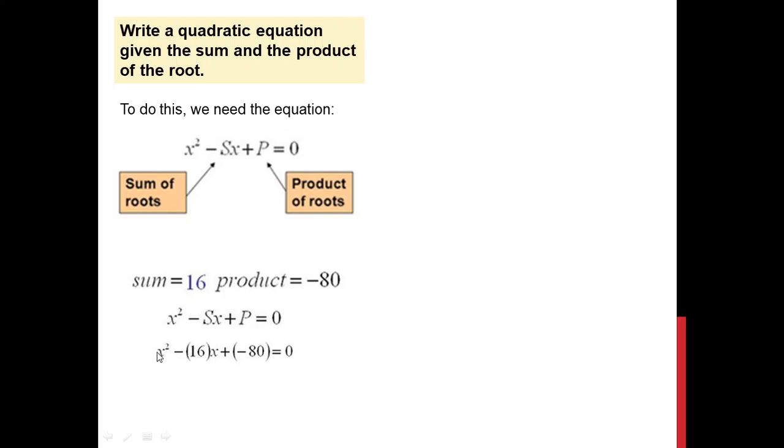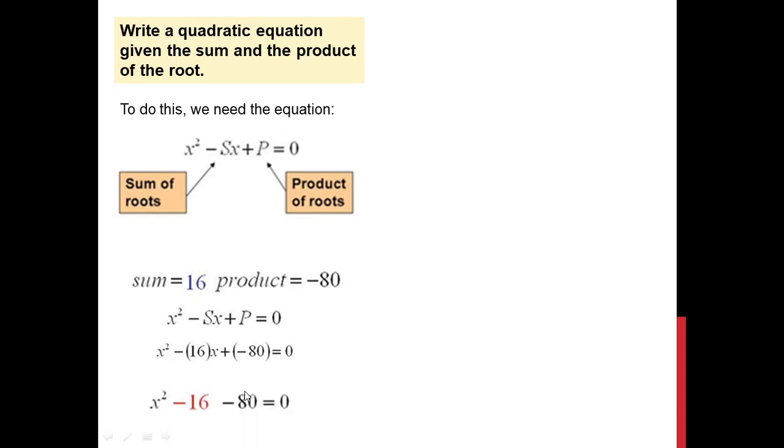So you have x squared minus your s, or the sum, which is 16. Always copy the variable, plus take note here, your p or the product is negative 80, so you need to separate the two signs here with a parenthesis. So you have p negative 80 equals to 0.